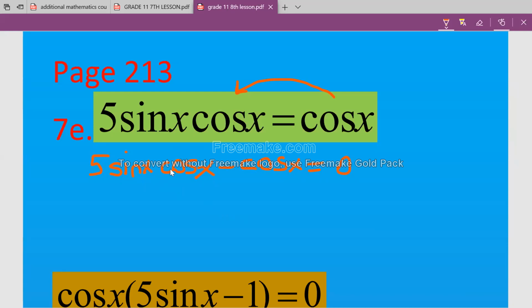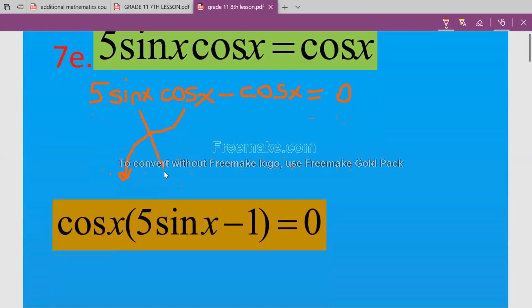We have sine x times cosine x. We have multiplication here, and we have cosine x. What do they have as common factor? It's cosine x, isn't it? So I can write in brackets cosine x, in brackets 5 sine x. It comes from the first one, and second one, what do we have? Negative 1.